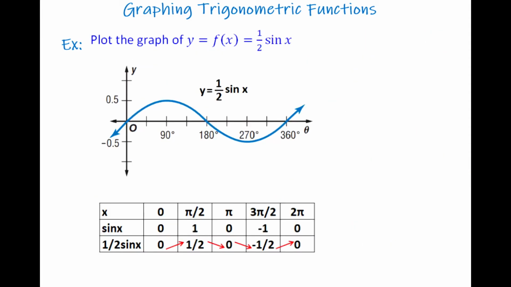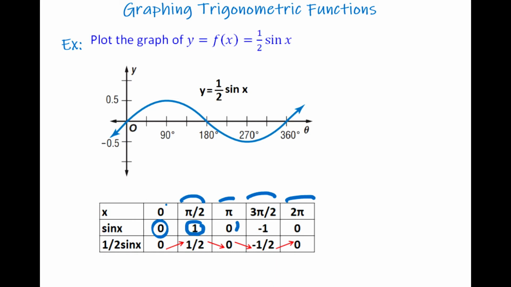And this is our next question, guys. In the next question, it says plot the graph of y is equal to f of x, and that is 1 divided by 2 times sine of x. Well, I already put the values here, guys. When x is 0, when x is pi over 2, when x is pi, 3 pi over 2, and 2 pi. For those values, sine of x is 0 at the point 0, right? Sine pi over 2 is 1. Sine pi is 0.